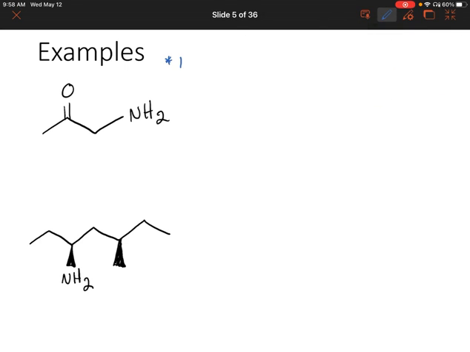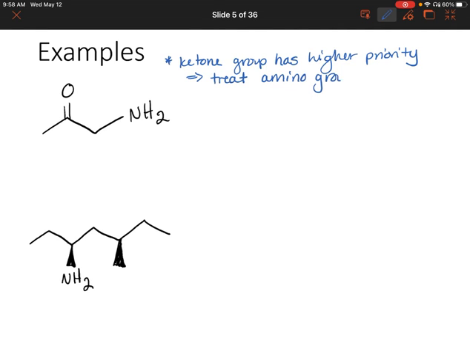So let's just make a note. Ketone group has higher priority. So we're going to treat the amino group as a substituent.